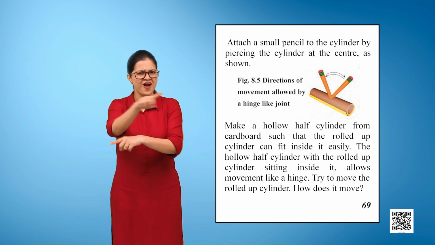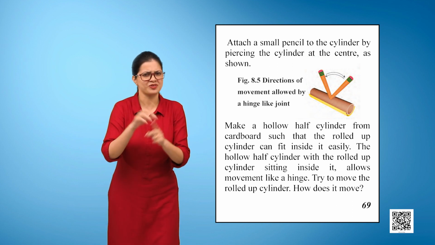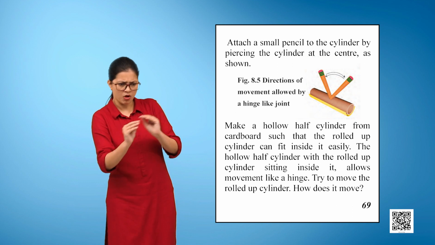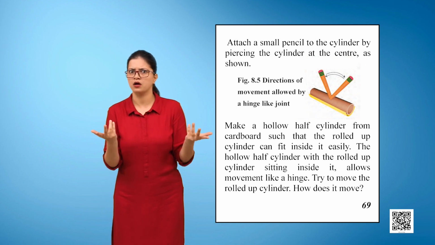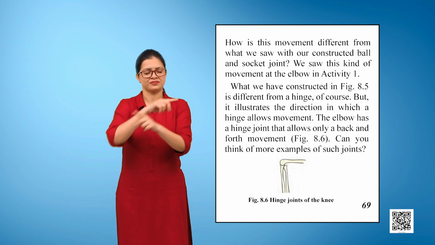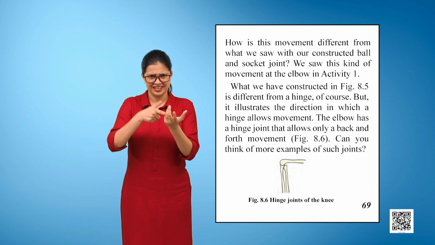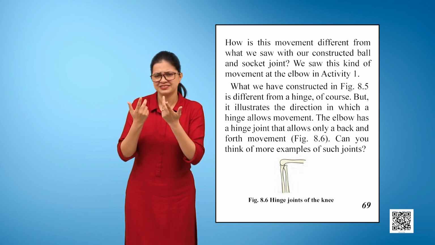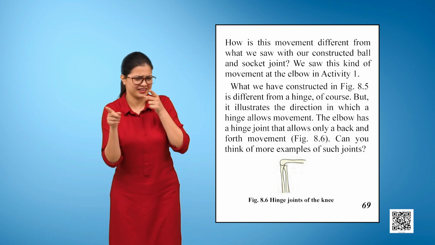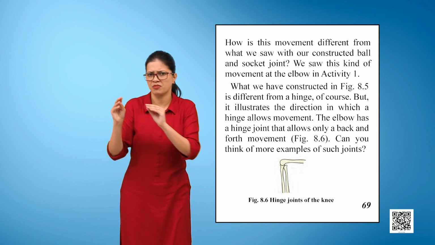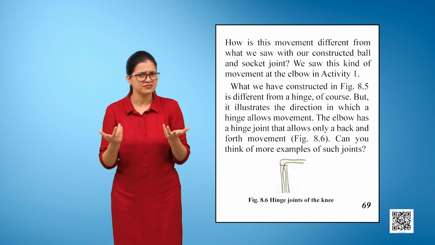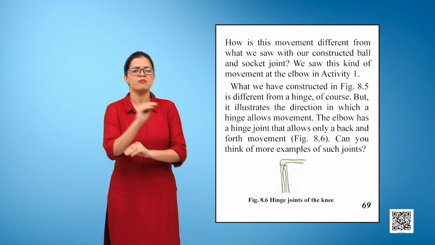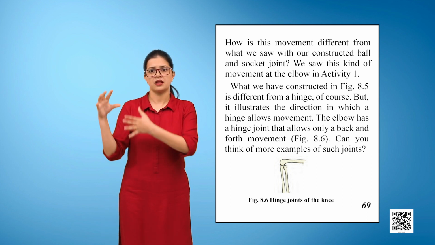Try to move the rolled up cylinder. How does it move? How is this movement different from what we saw with our constructed ball and socket joint? We saw this kind of movement at the elbow in Activity 1.